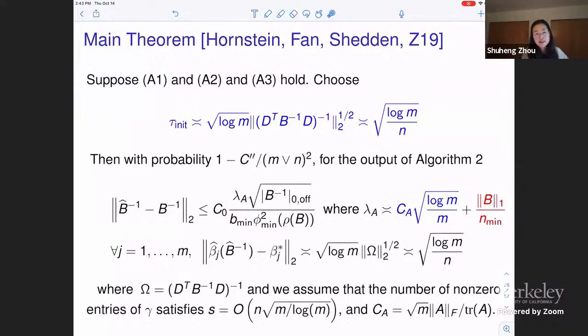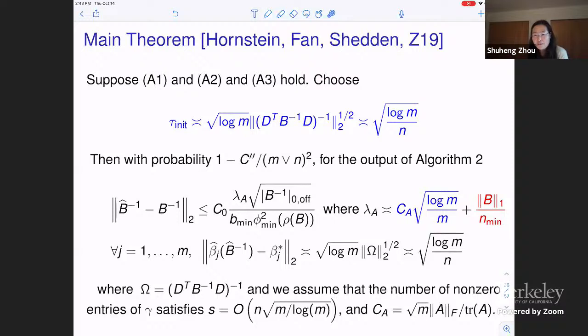Without further ado, I just give you the theorem right away. The theorem basically says I can estimate each of the coordinates of the gene almost perfectly. So this is beta hat j minus beta j star, which corresponds to the mean for the gene j. The beta is a two-dimensional vector because one is for the control group, one for the diseased person. And this rate is square root log m over n.